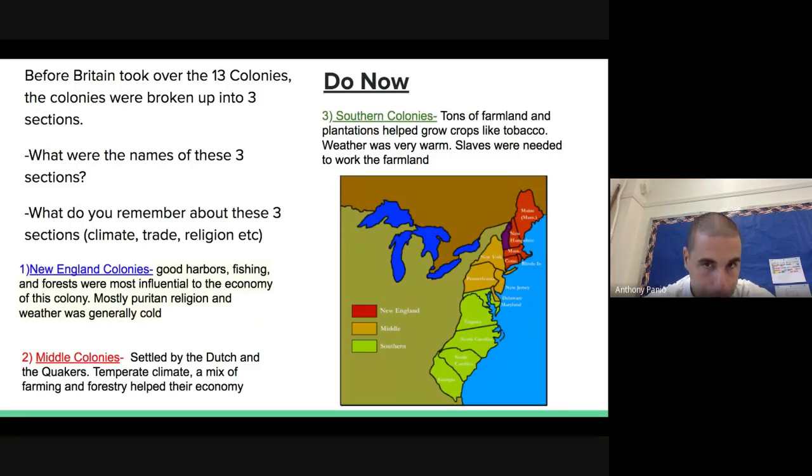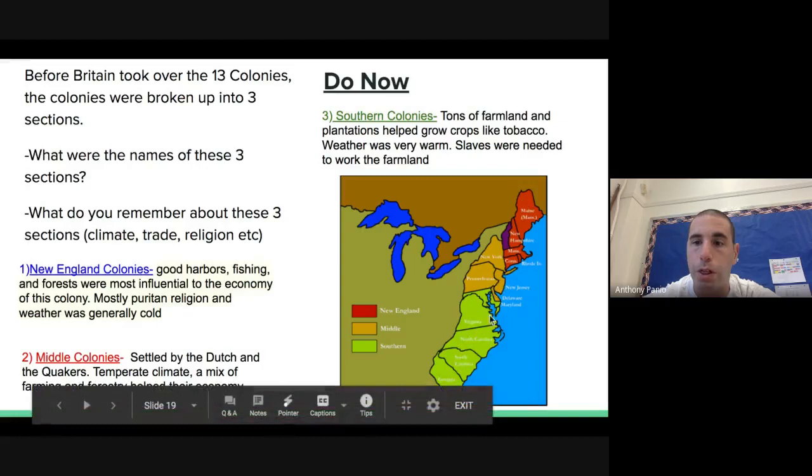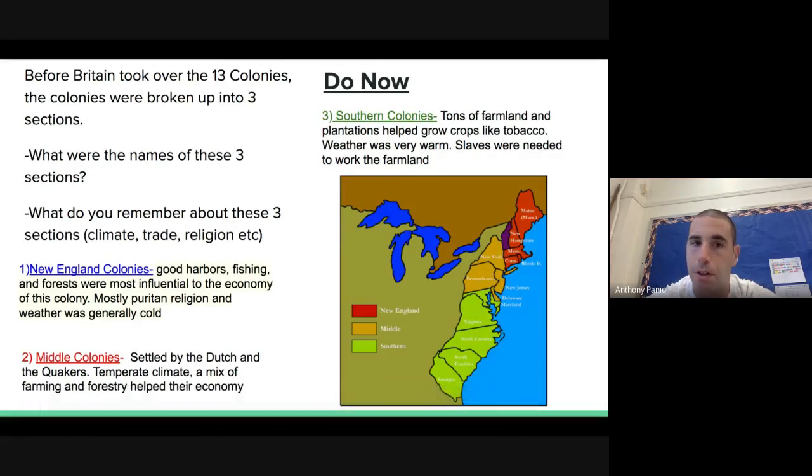So we have the three colonies, and the one question I'm going to ask you, just as a clarifying question, I've kind of mentioned it already. What group or what country owned the 13 colonies prior to the American Revolution? Because it's not America.